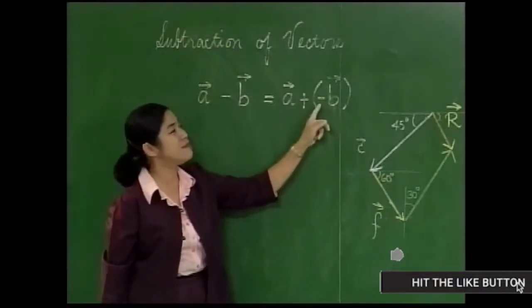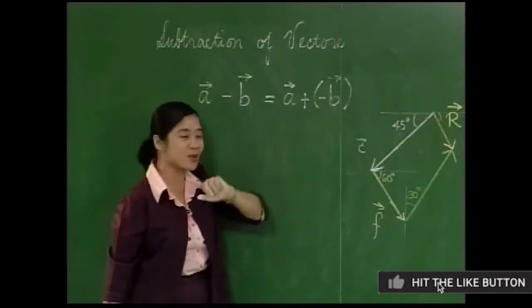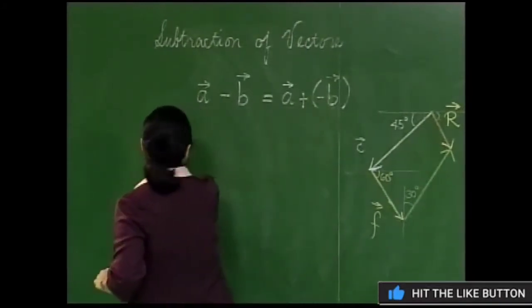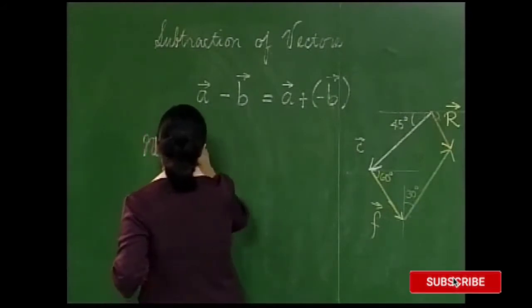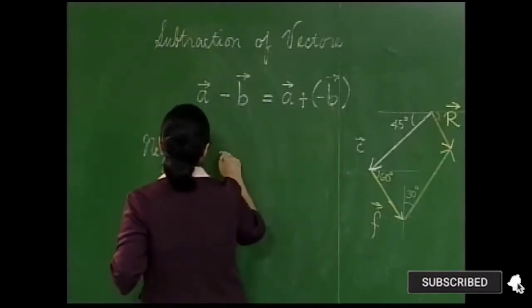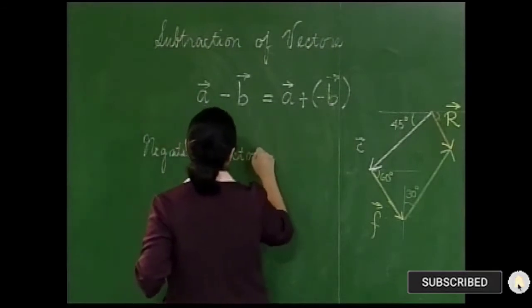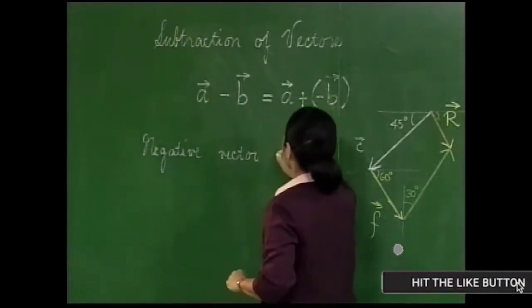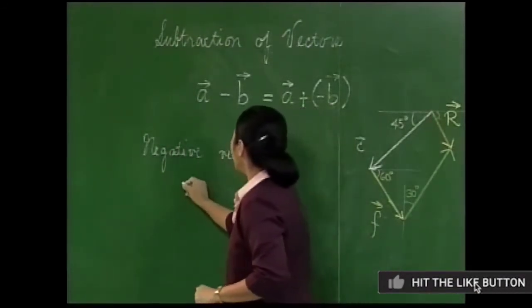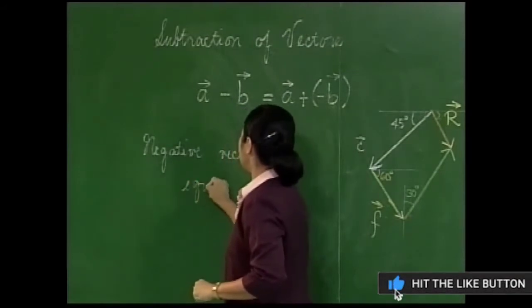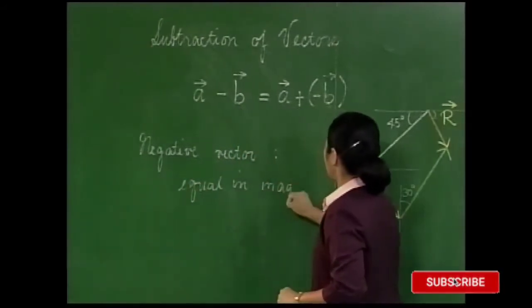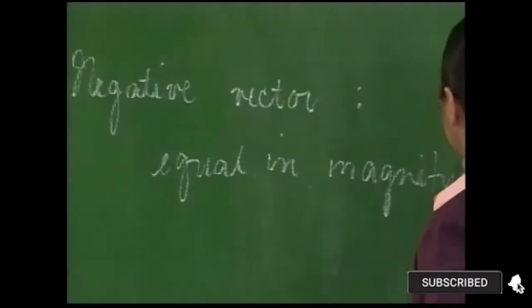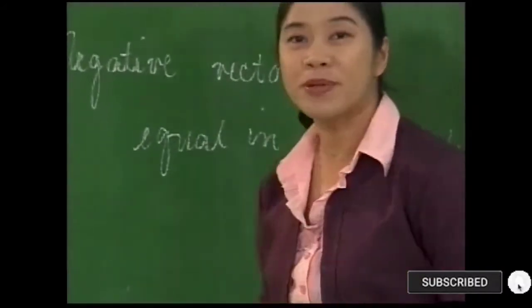Now, what do you mean by the negative of the vector? So this is what is important now. The negative vector is equal in magnitude but opposite in direction.